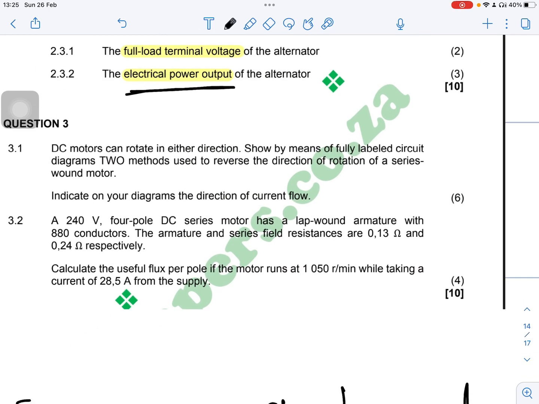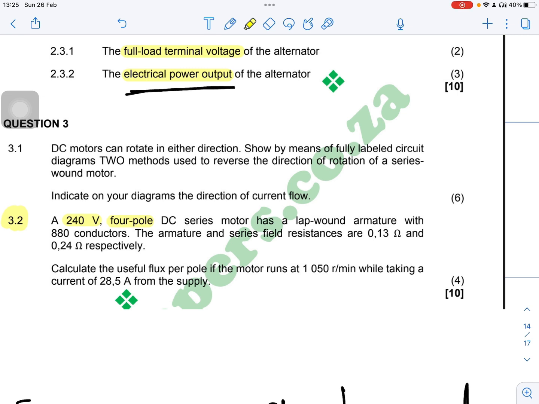The next question, which is 3.2 now, says 240 volts, 4 pole.